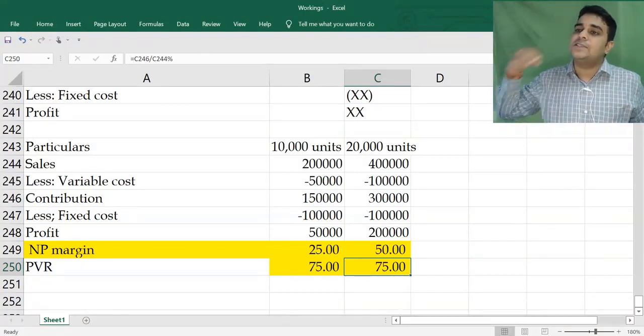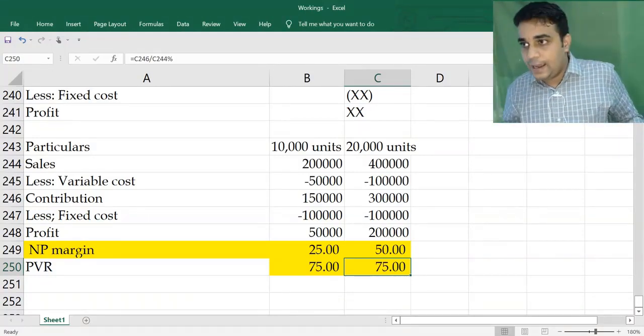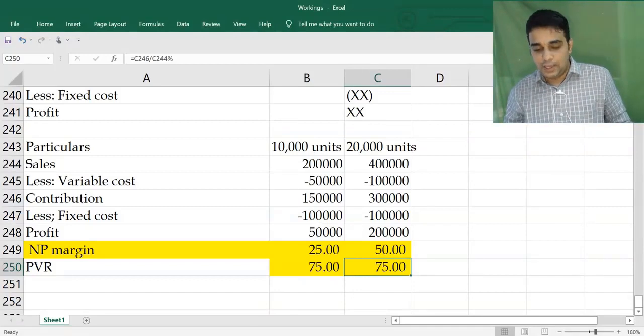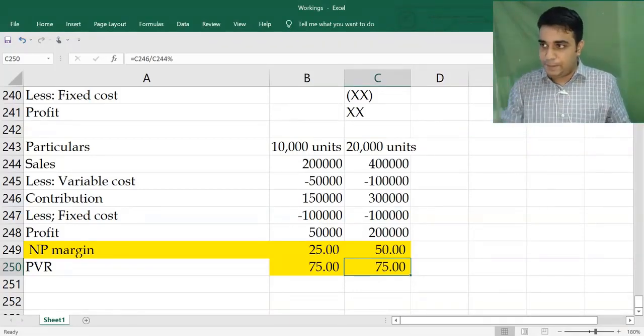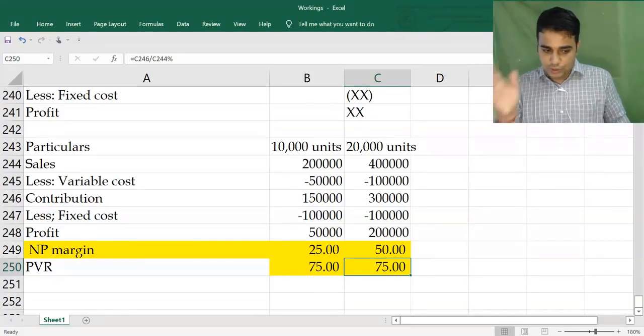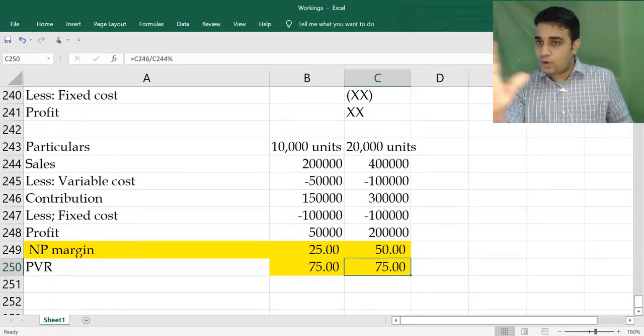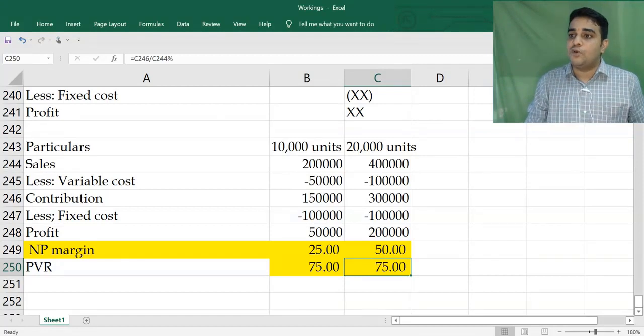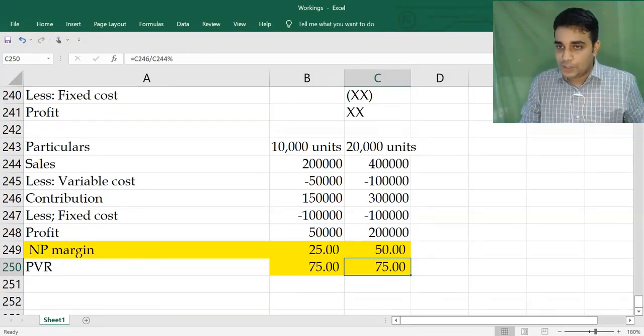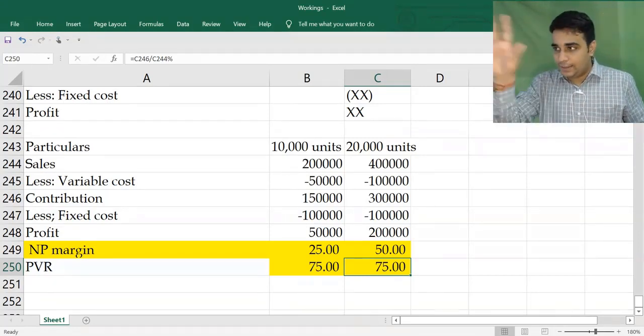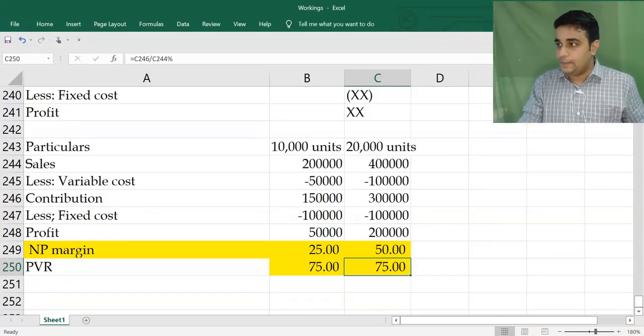Net profit margin is not a relevant ratio at all. I am least bothered about the net profit margin. Practically, a lot of importance is paid to this, but when you are trying to make a decision, NP margin is not what you should look at. You should look at PVR, which is more like gross profit margin, because in the trading account, most of the items would be variable expenses.